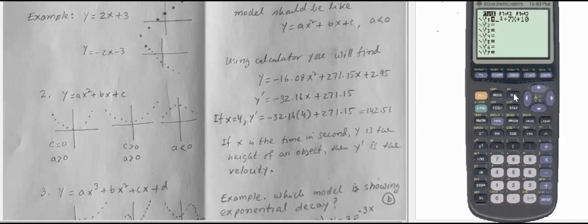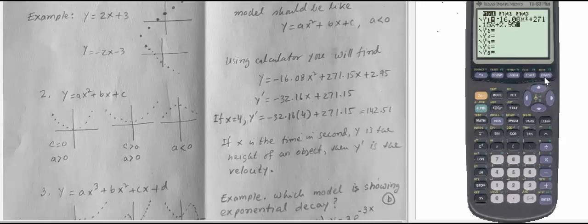As input I have negative 16.08x squared, then 271.15x, plus 2.95, right?